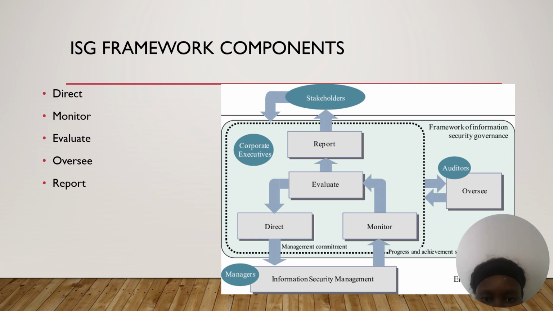And there we find the reports and the sub-stakeholders, which in whole we have the corporate executive, which needs auditors to oversee, and it's a vicious circle because everything relates to each other. It cannot work without each other.